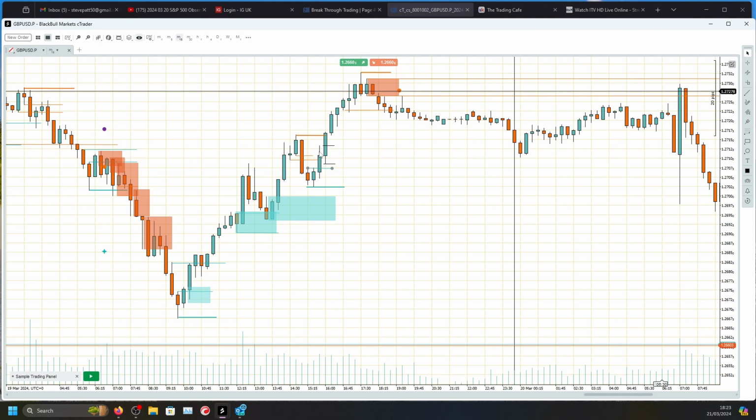It's only gone through one candle, but look how bullish we are. This is just a pullback to test these levels here. This is just a pullback in a bullish run.